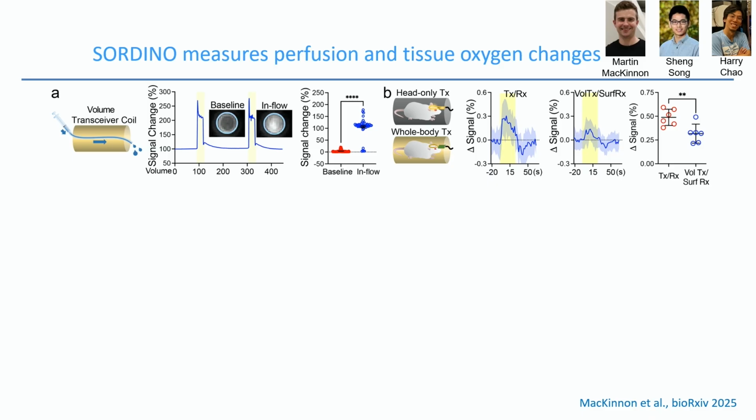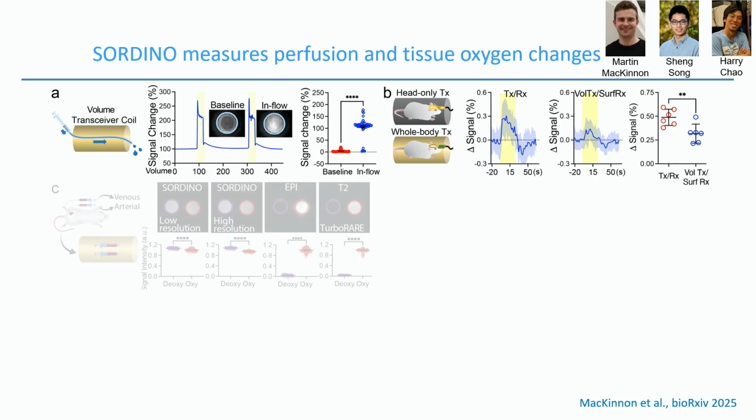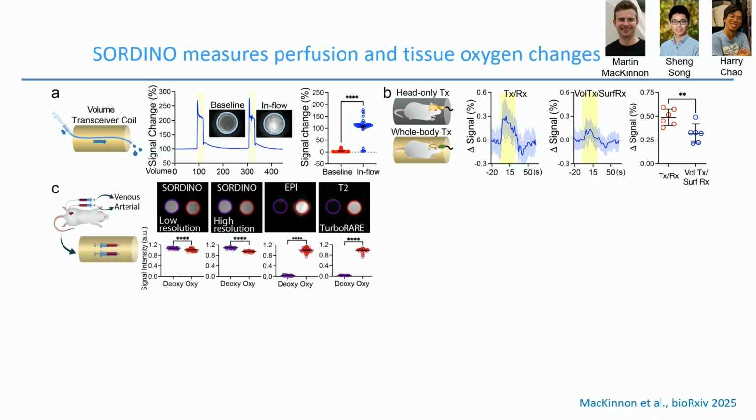a couple months ago, with the head-only excitation coil, you indeed had this extra contrast boost as compared to using a whole-body excitation coil. We know we're not measuring the bulk contrast because we did some validation studies by drawing blood from arteries and veins.